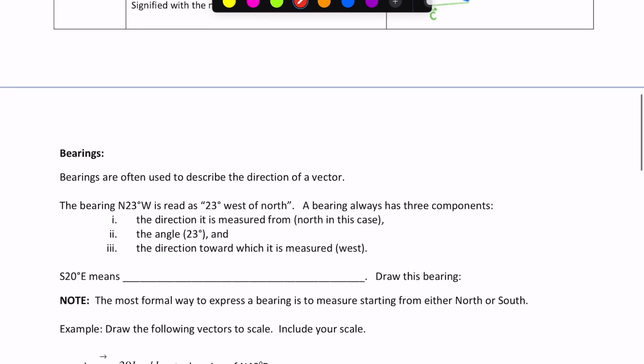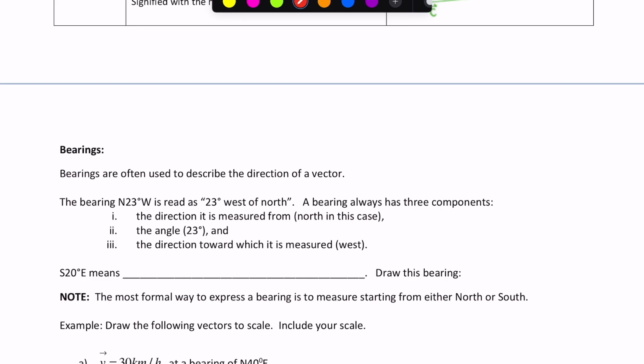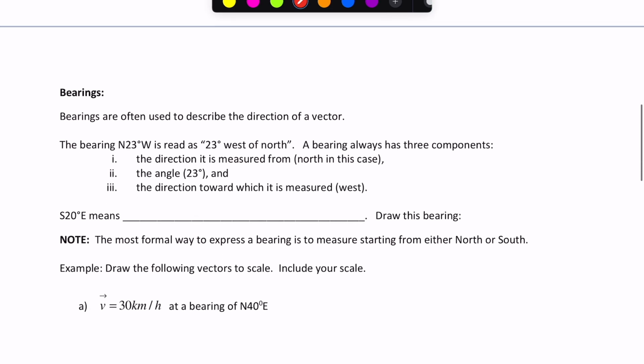Okay, so we mentioned bearings a little bit at the top. Bearings are often used to describe the direction of a vector. Here, if we look at this example, the bearing N 23 degrees W is read as 23 degrees west of north. A bearing always has three components that we have to consider.